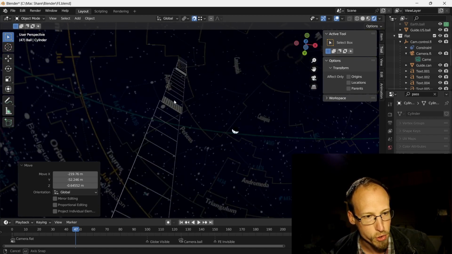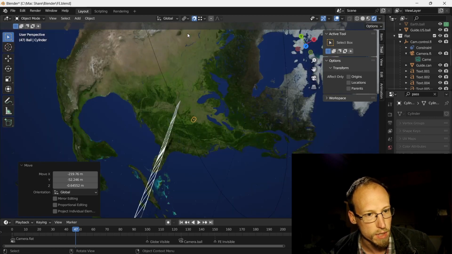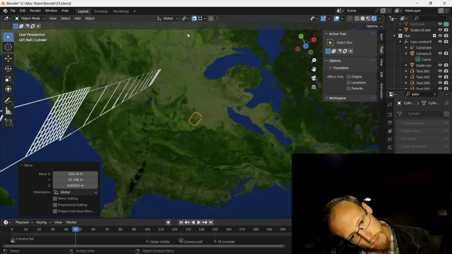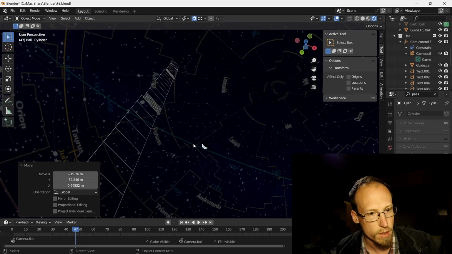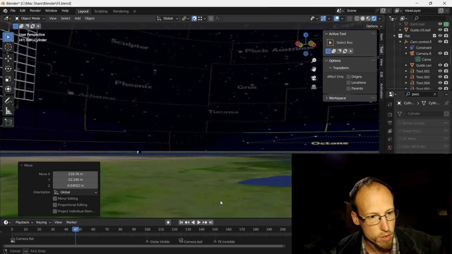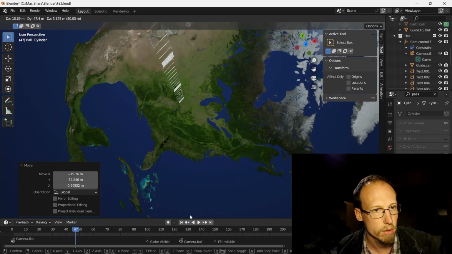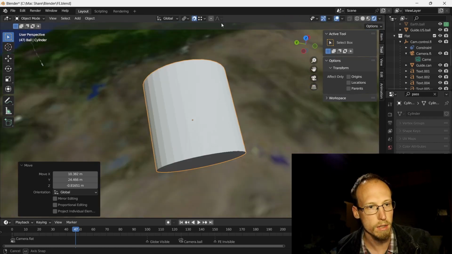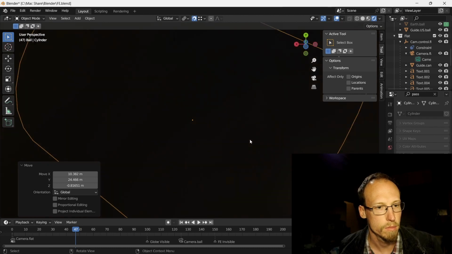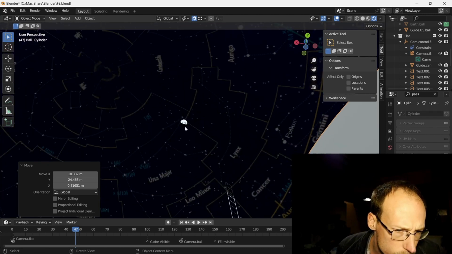I'm trying to be measured here, but if I was in this part of the United States, the Midwest area, and I looked up, I would see these stars, whereas if I was way over here, let's say, I would see these stars.